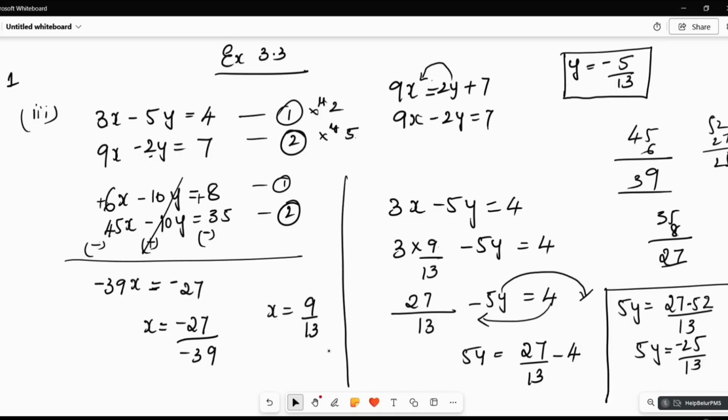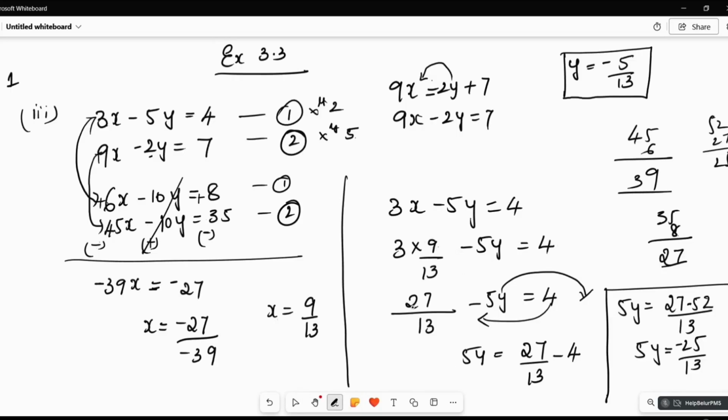Okay. Now substitute in any of the equations. I'll take the first one itself. See, these two are the same itself. Just we are multiplying with some value. These two equations are the same and this equation is the same as this. They are not different. Now I am considering the first equation. 3x minus 5y is equal to 4. Now substitute x as 9 by 13. 3 into 9 by 13 minus 5y is equal to 4.